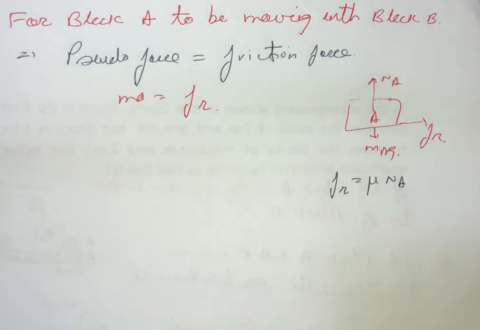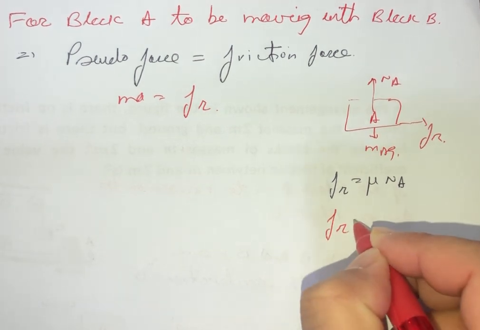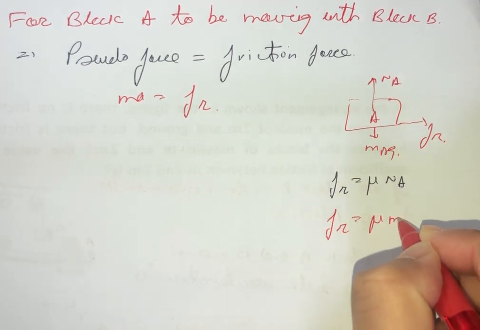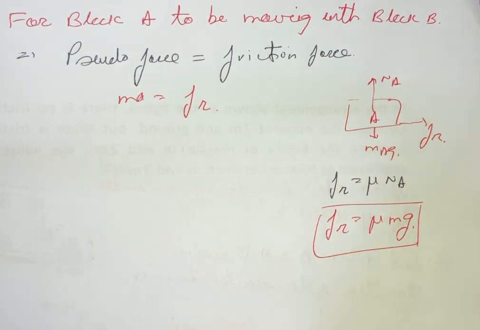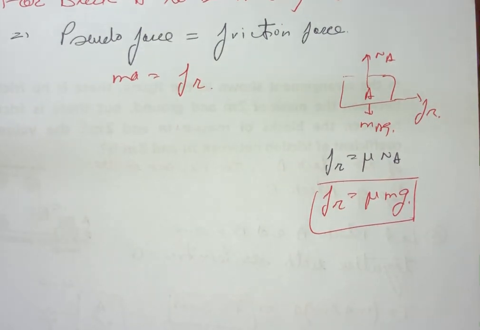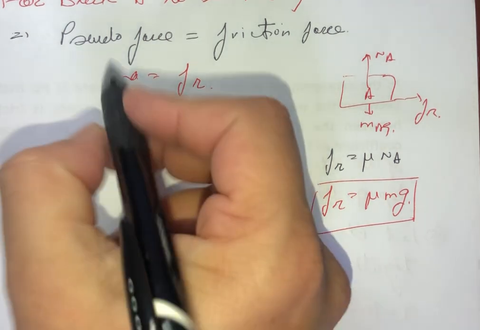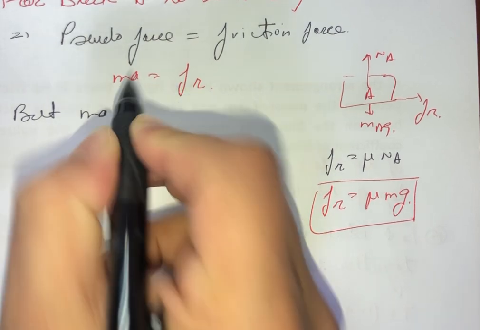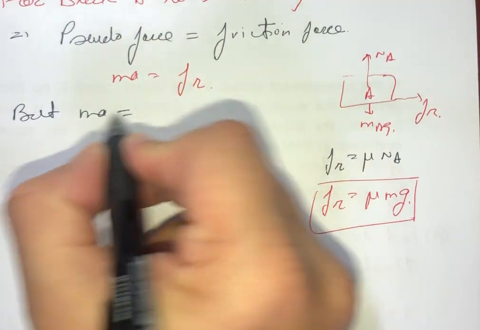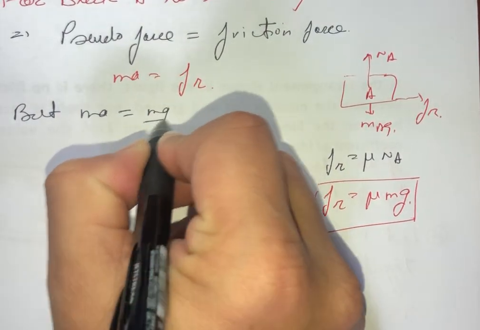So from here we can find out that Fr will be equal to mu mg. And we also know the value of ma: it was coming as mg divided by 4.